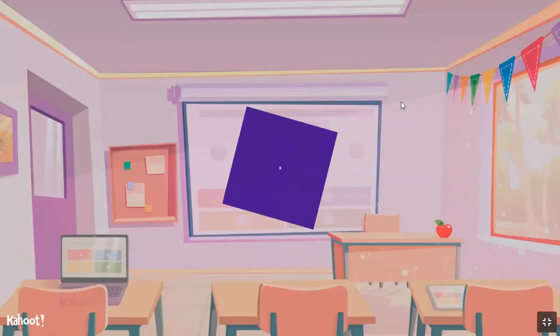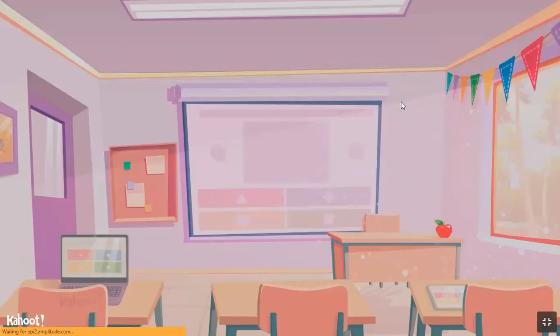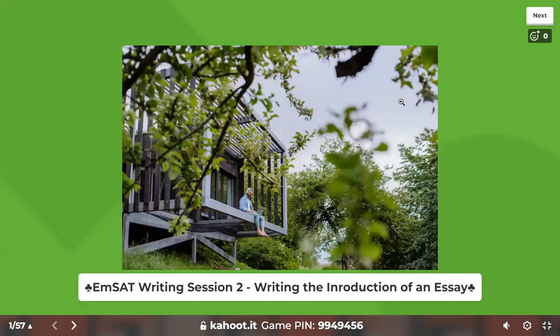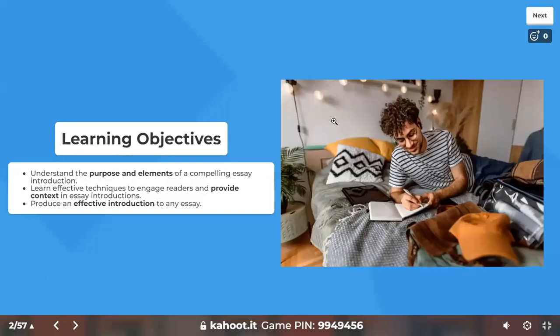Now, this is MSAT writing session number 2. Today our main focus will be about how to produce an effective introduction, okay? Now, learning objectives. There are 3 learning objectives that we need to achieve today.